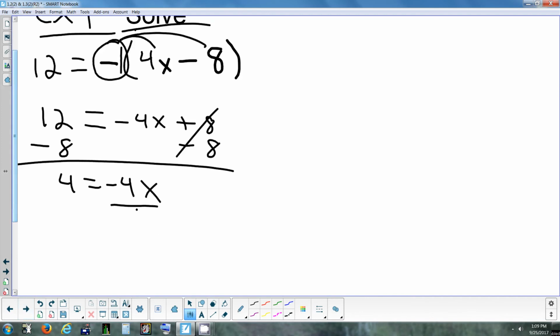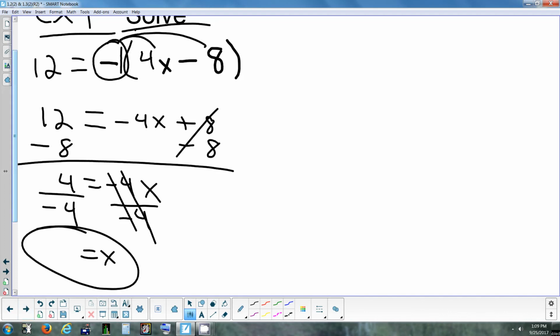Careful, you got to divide. You not only want to cancel the 4, but you want to leave the x. The negative. So we're going to divide by negative 4. Okay, so what do I get for x? Yep, Mallory? Negative 1.